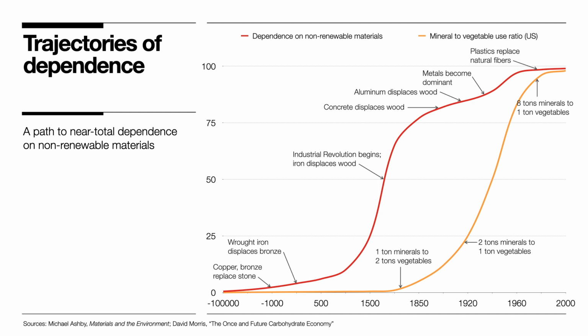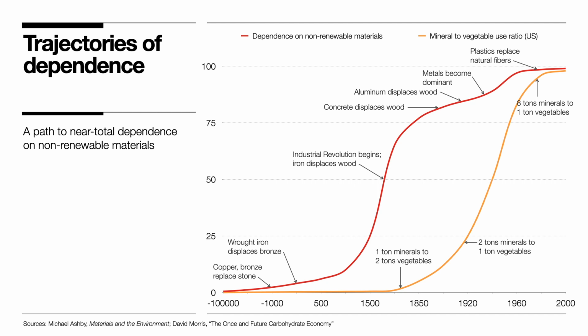The other trajectory is focused exclusively on the United States, and it comes from David Morris, who is the director of the Institute of Local Self-Reliance, looking at what he calls the carbohydrate economy.